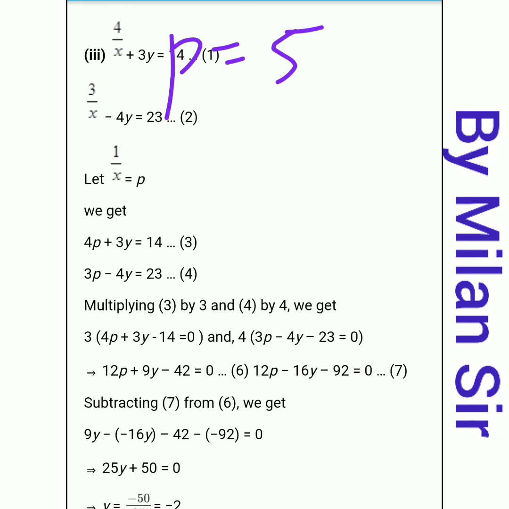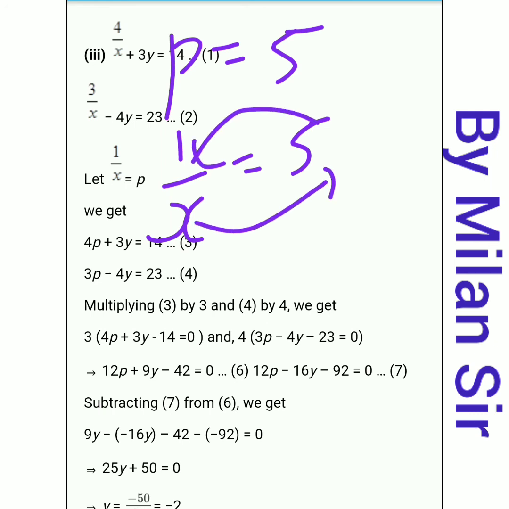But we need to solve the equation. That means we need to find the value of x and y. So for finding out x, put the value of p is equal to 1 by x, because initially we assumed that 1 upon x is equal to p. So put p is equal to 1 upon x. Now here 5, right? Transfer this 5 to the right hand side and 5 to the left hand side.